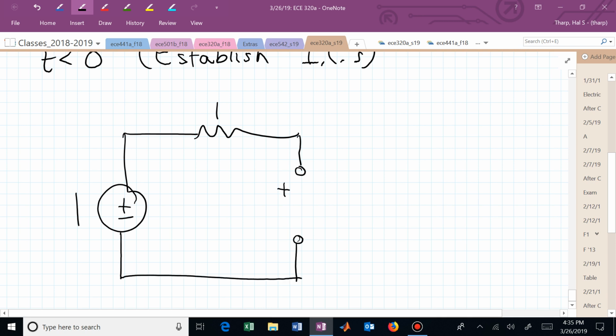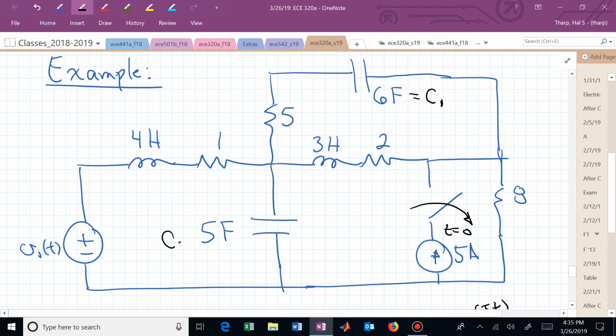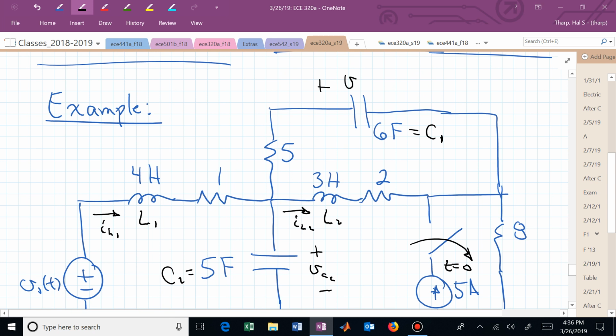Did I have 2 capacitors? Did I label them C1 and C2? Let me call this C1 and this C2, and this L1 and this L2. Suppose this is I sub L1, this is I sub L2, and this is V sub C2 and V sub C1.